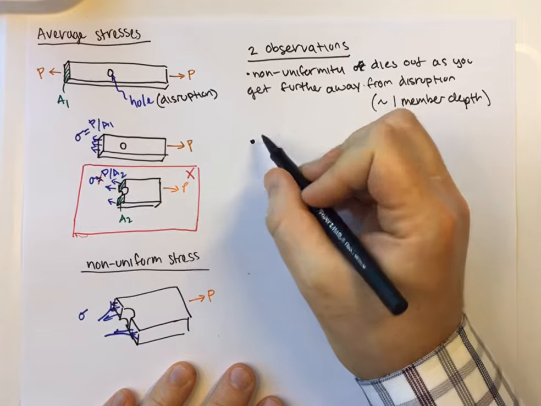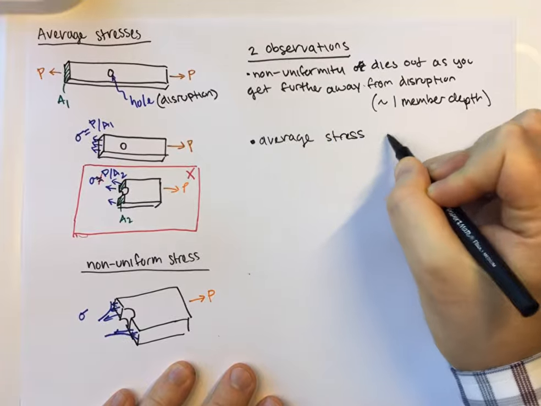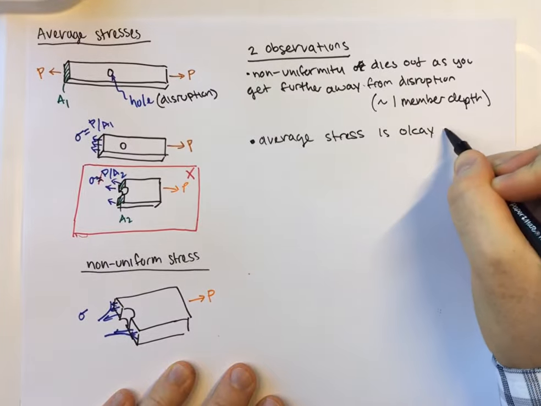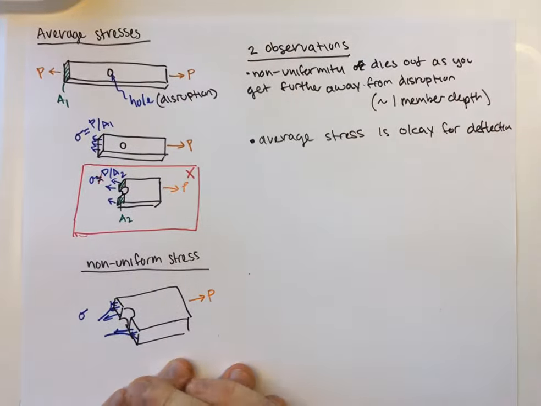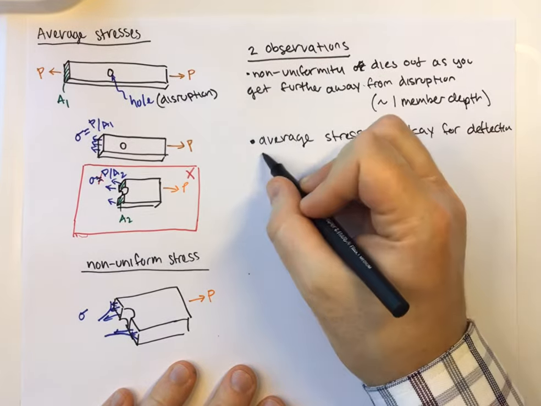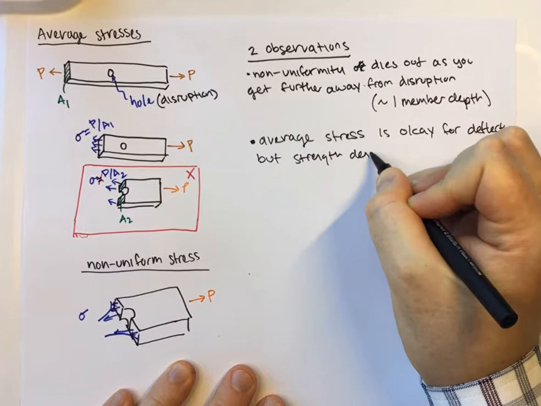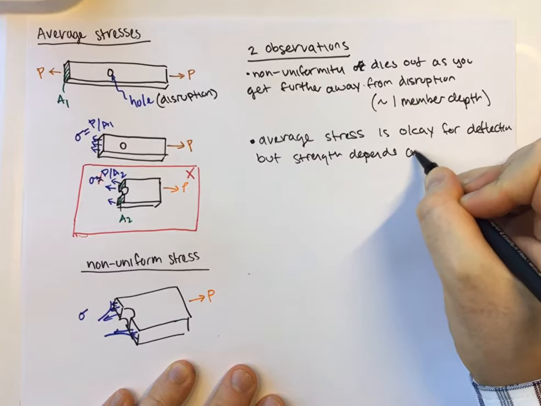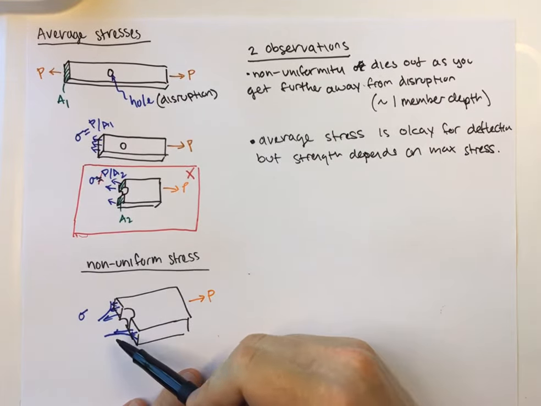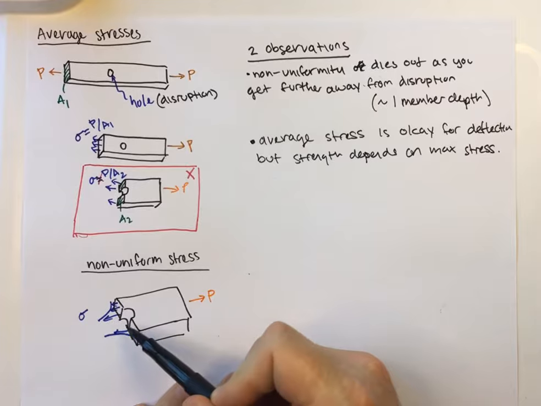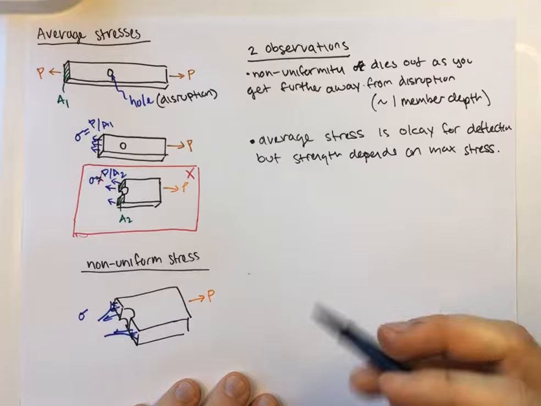The other thing that you can notice is that the average stress is okay for deflection. So that would be thinking about the deformation of our total rod from end to end. But the strength depends on the max stress. So that's getting back to our conversation we were having over here. That if you were worried about this thing failing, you would need to think about this stress concentration near the hole.